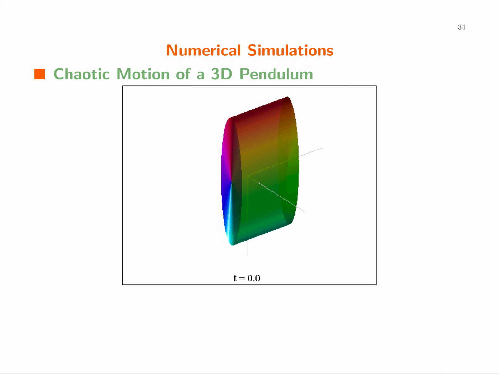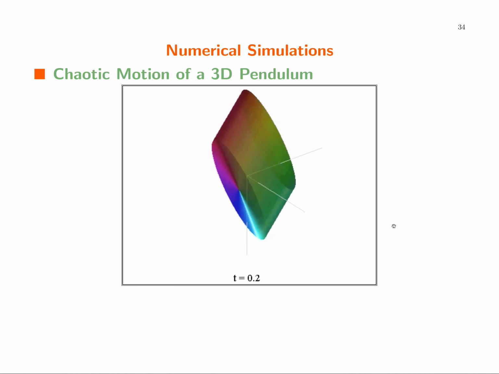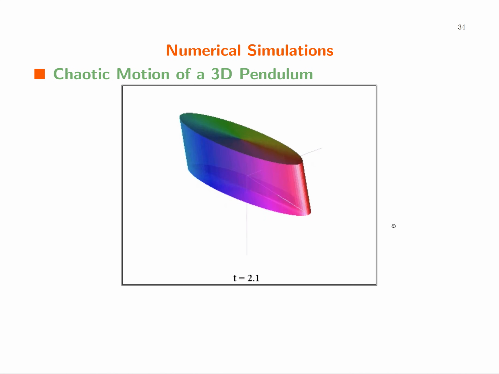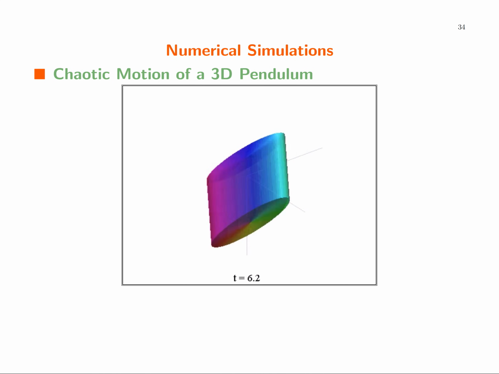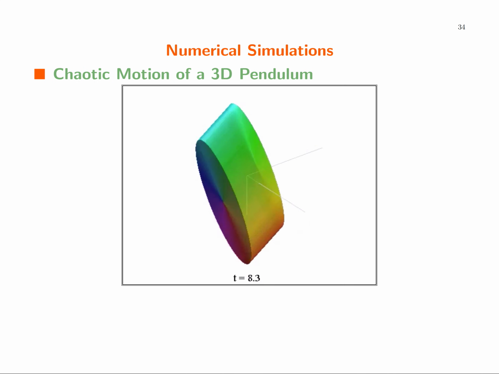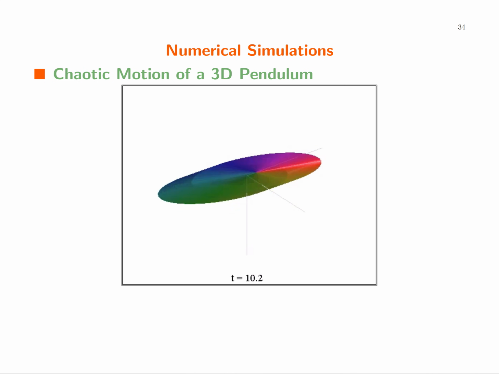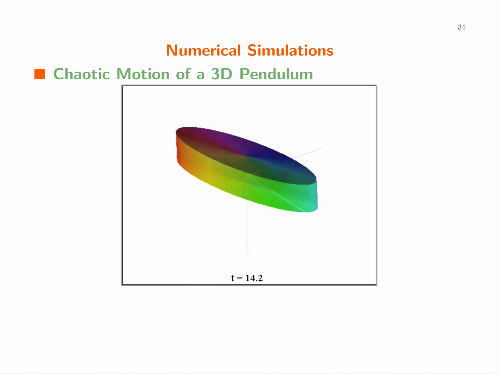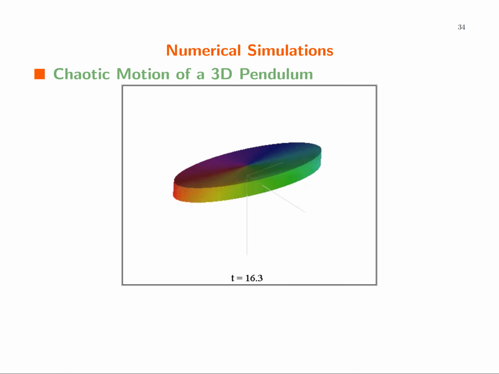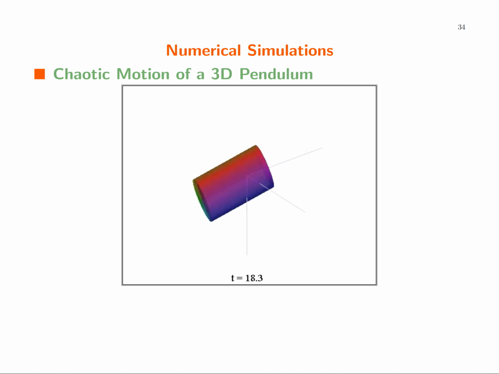All right. So you can see what happens when you apply these methods to a 3D pendulum. Again, this is a rigid body with a fixed point which is not coincident with the center of mass, under gravity. It's not being forced except by gravity, and you'll see that it has this extremely complicated, extremely large rotational dynamics.